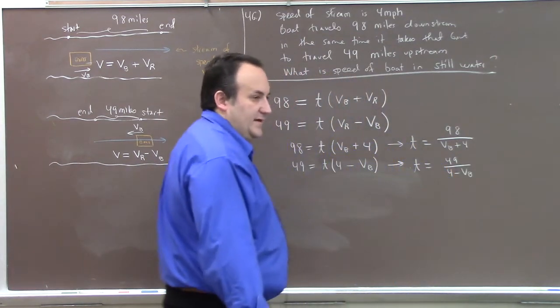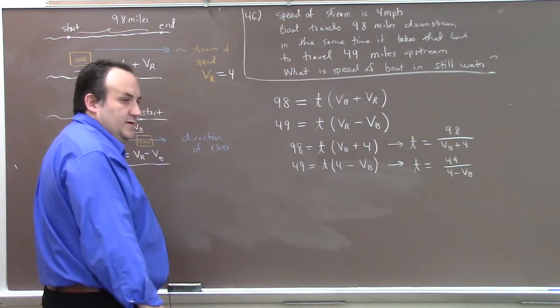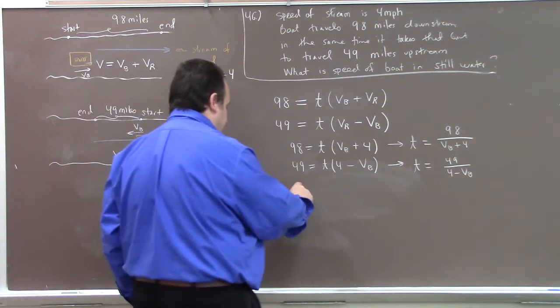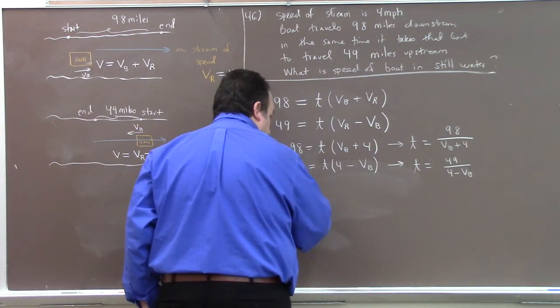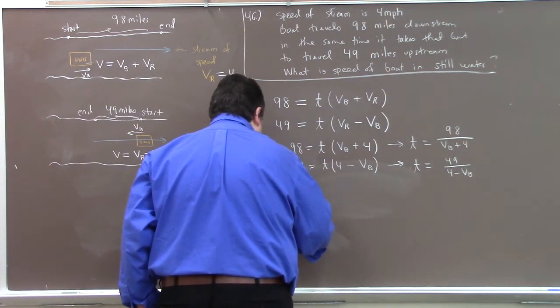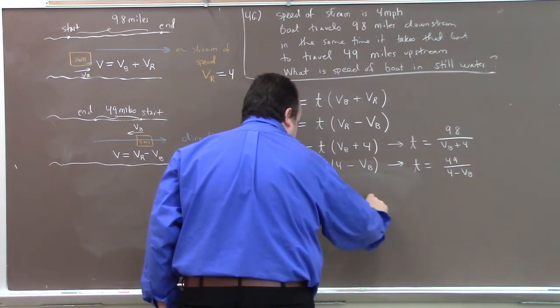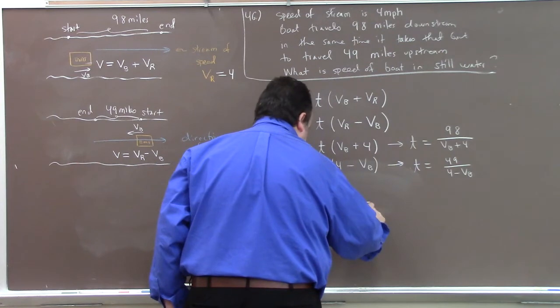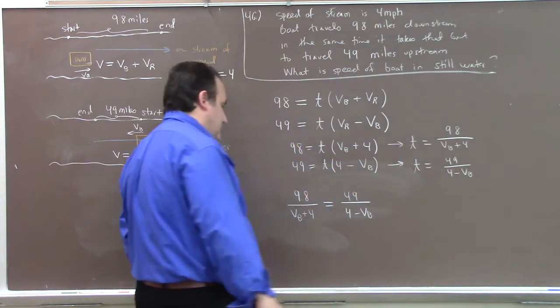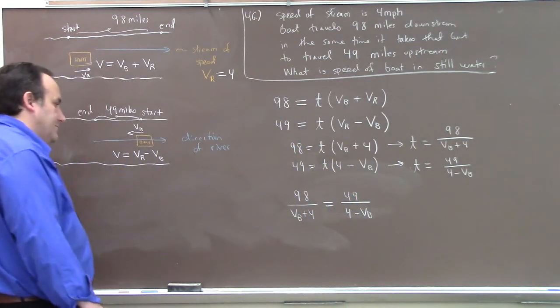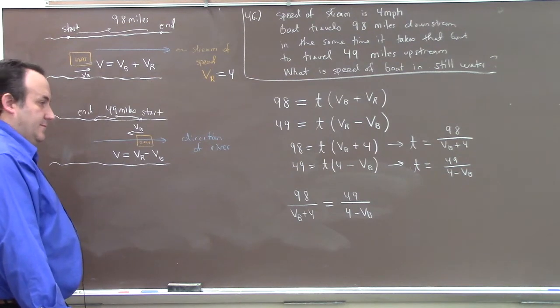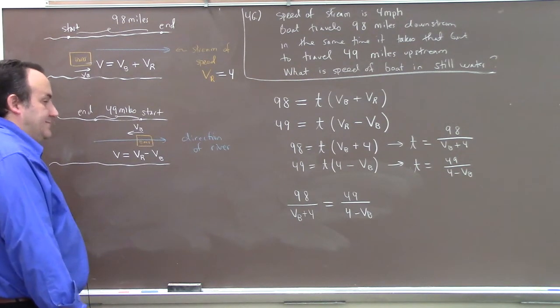I can solve both of those for t. So then I get 98 over VB plus 4 equals 49 over 4 minus VB. How do you solve an equation like that?